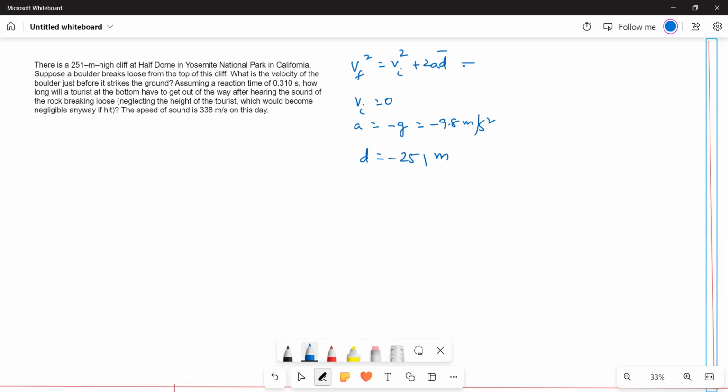Substituting the values in this equation, we will get Vf squared is equal to 0 plus 2 into 9.8 into minus 251.